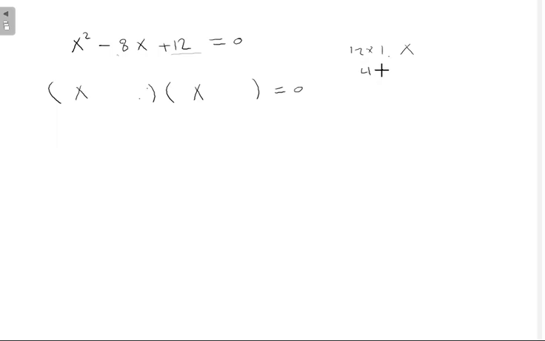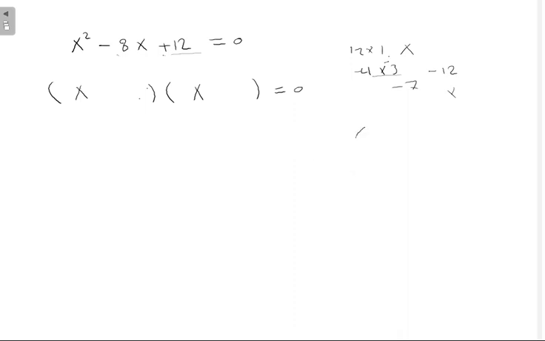How about trying 4 multiplied by 3? Because they have two different signs, then one of them should be minus. Then the product here is minus 12, and the sum will be minus 7. So this one is rejected too.